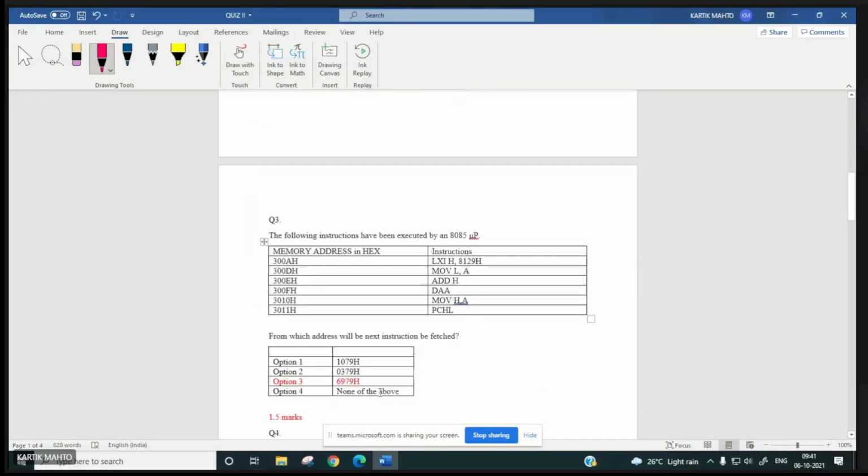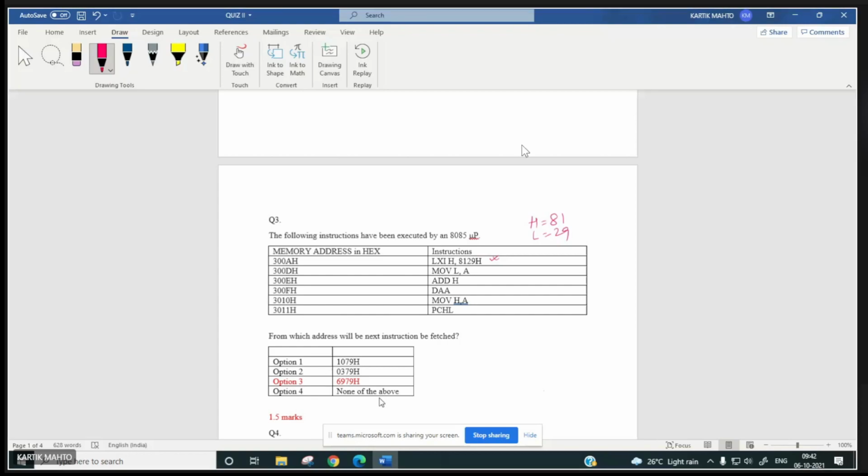Again, LXI H 8129. So H will be 81, L will be 29. Move A comma L. Something wrong is there. Sir, it's L comma... Yes, sir. We don't know the content of it.